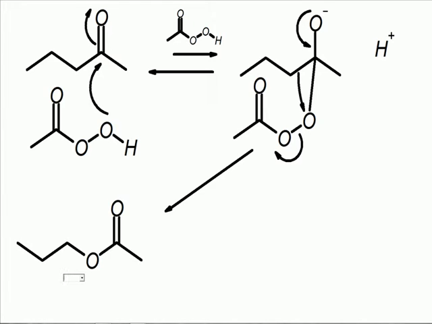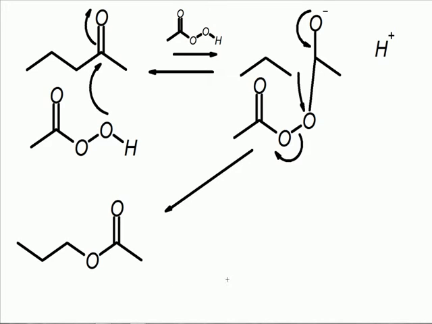And what happens is, remember, we're reforming the carbonyl and then we break that bond right there. And this group, the more substituted group, comes along and attacks the oxygen, which kicks off a carboxylic acid as a byproduct. So the carboxylic acid, which is acetic acid in this case, is our byproduct.